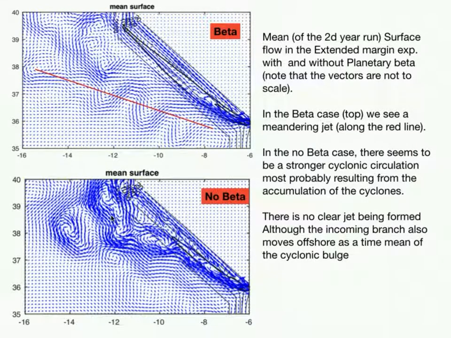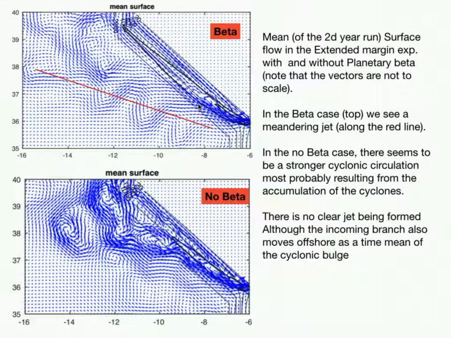But this is more like the envelope of a bulge of cyclones that tend to develop and remain somewhere there.